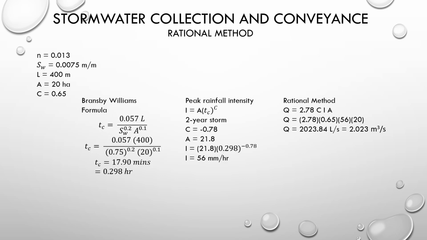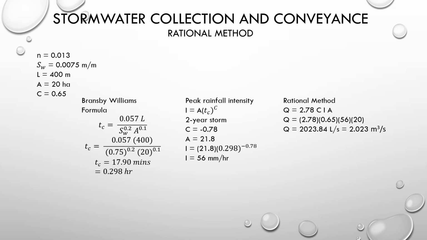The first thing we do is find the runoff coefficient from table 21 of the City of Toronto's criteria for design. We find that for a single family residential area, we have a runoff coefficient of 0.65. Since 0.65 is larger than 0.4, we have to use the Bransby-Williams formula, shown below, with which we find the Tc value of 17.9 minutes, or 0.298 hours.